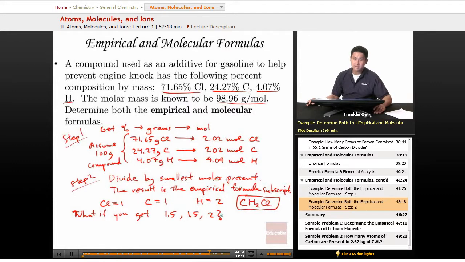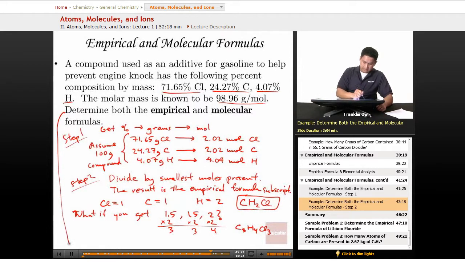So anytime you have a decimal number, we're just going to multiply everything by the same factor to get everything in whole numbers. When we multiply 1.5 and everything by 2, we get nothing but whole numbers, 3, 3, and 4. So if that happened, those numbers would become the empirical formula. We would get C3H4Cl3.